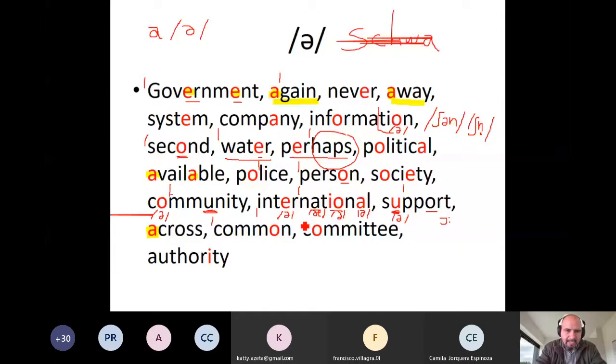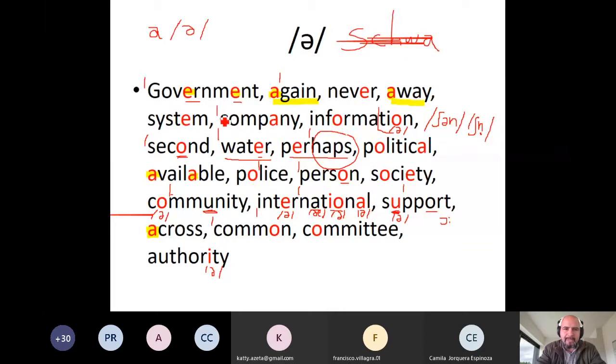If you look at the last one, authority, because this third syllable is unstressed, and there's a high probability that you will find a schwa in an unstressed syllable. Company, over here.